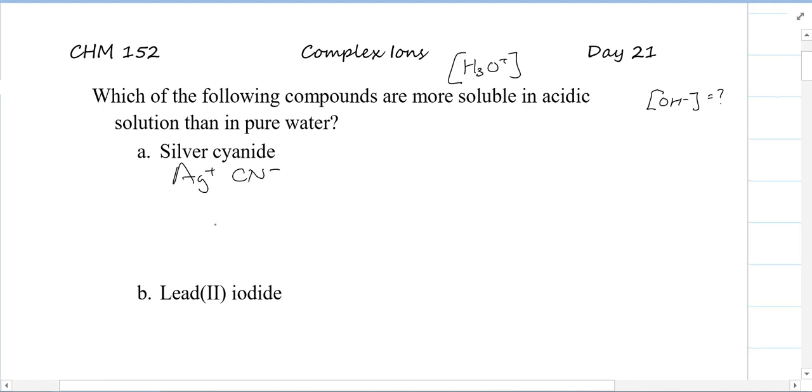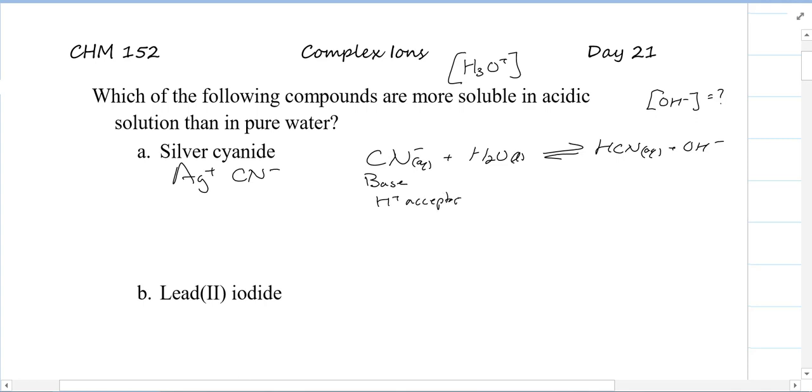So I need a proton acceptor. CN minus plus water gives HCN plus OH minus. CN minus is a base. It is an H plus acceptor.